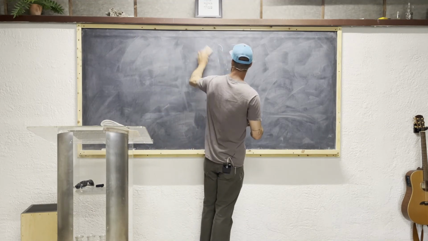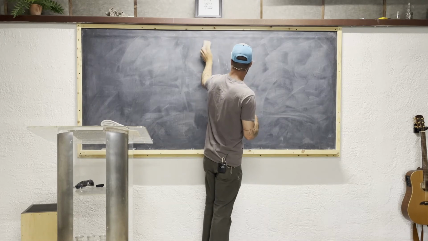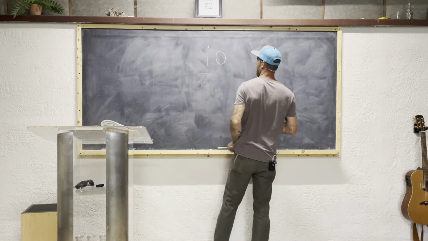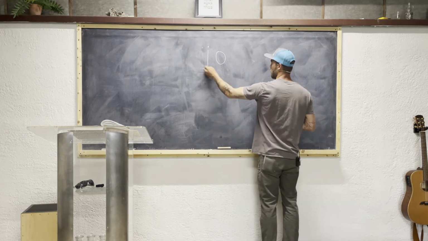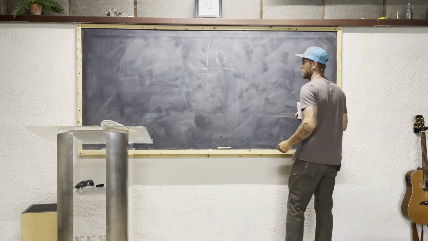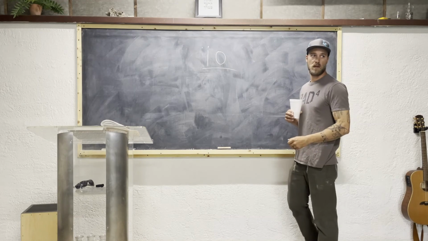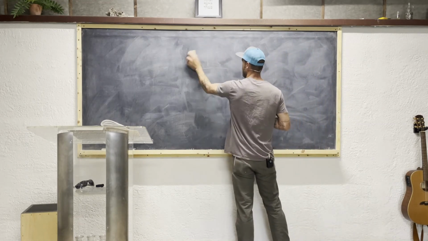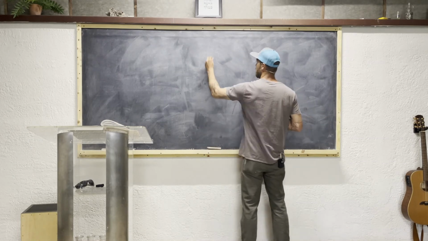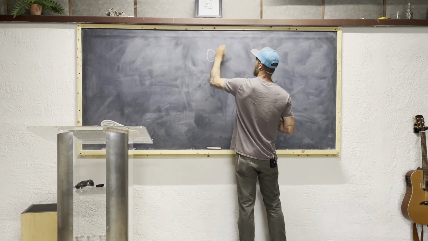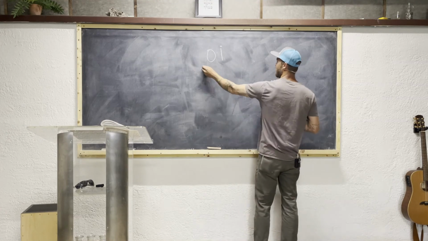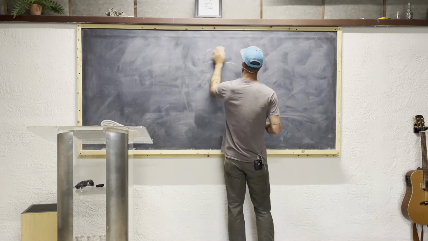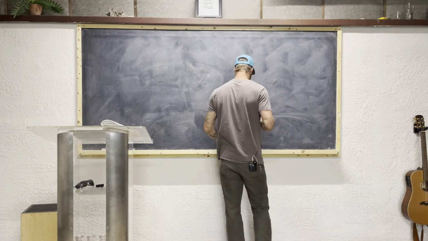A diphthong is two vowels together that makes a different sound, like the same thing we have in English, oi. What would be the diphthong in English for I?